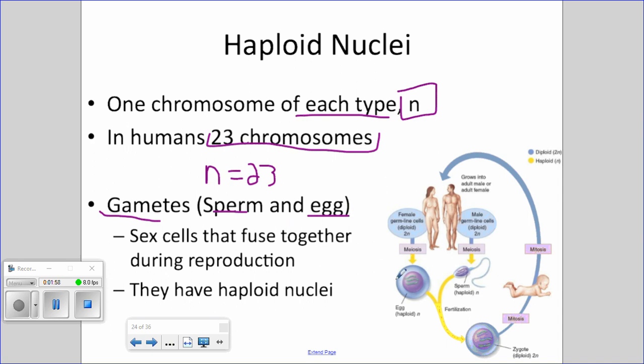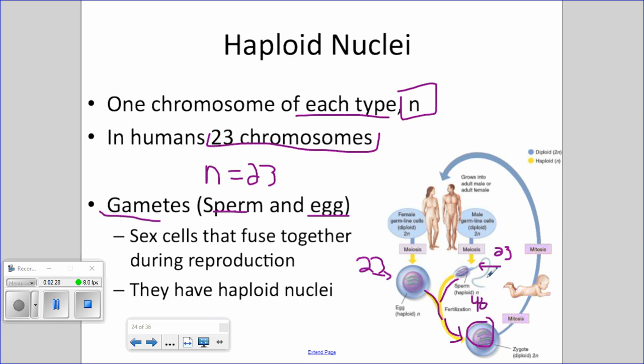Remember that when fertilization occurs, if you have an egg and a sperm that each have 23 chromosomes, the fusion of sperm and egg cell will form a cell that now has a total of 46 chromosomes.